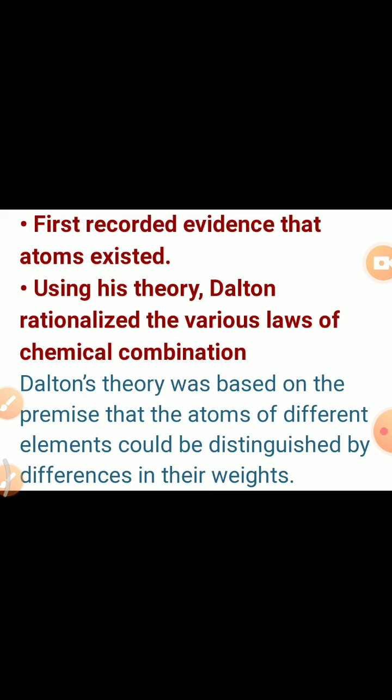Using his theory, Dalton rationalized the various laws of chemical combination. Dalton's theory was based on the premise that atoms of different elements could be distinguished by differences in their weight, meaning atoms can be differentiated by their weights.